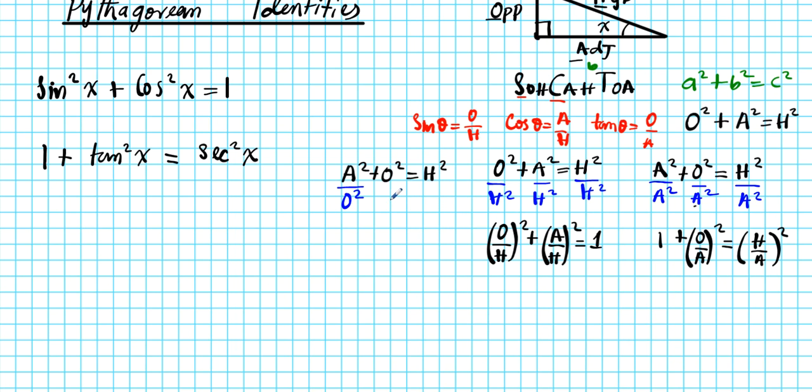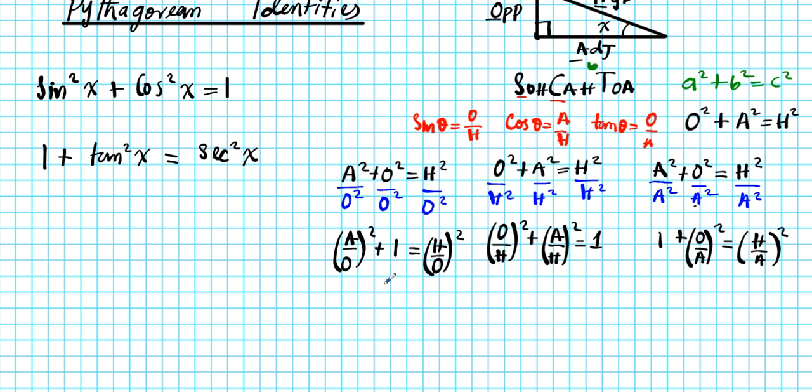So divide this by O square, and divide that by O square. Using the property of exponents, I can rewrite this as A over O square plus, these ones cancel out to just 1, equals H, hypotenuse over opposite square.